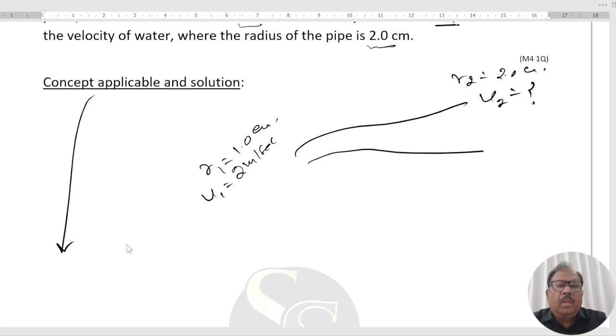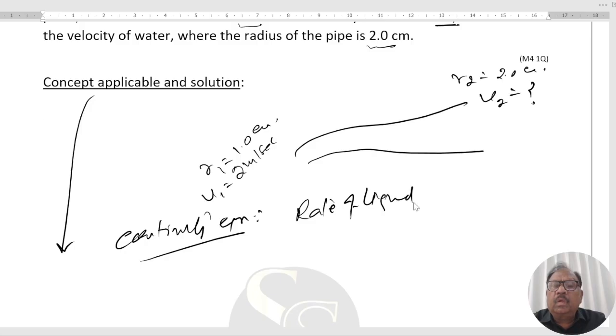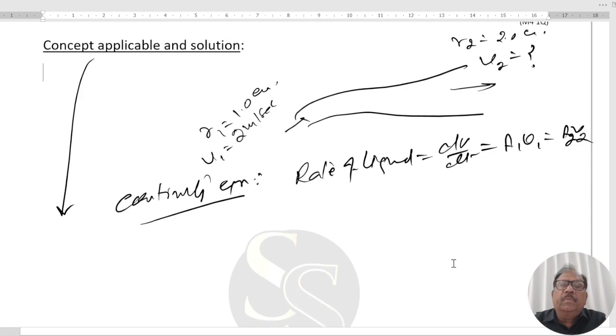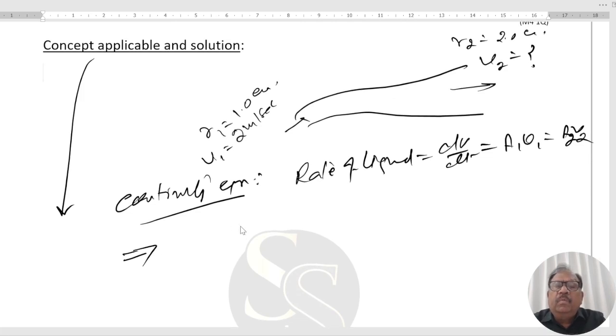The concept applicable is the continuity equation. That is rate of flow of liquid, dV by dt, equal to A1 V1 equal to A2 V2. Rate of flow of liquid at this point and at this point will be the same, right? In that case, pi R1 square into V1 equal to pi R2 square V2.